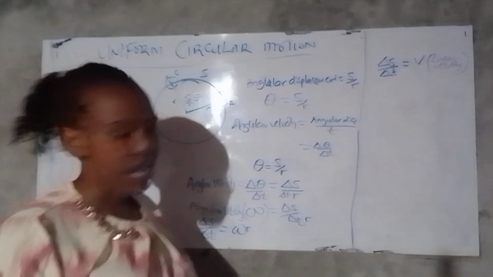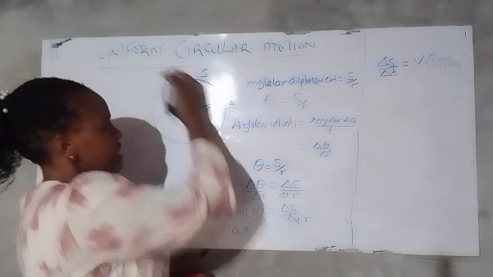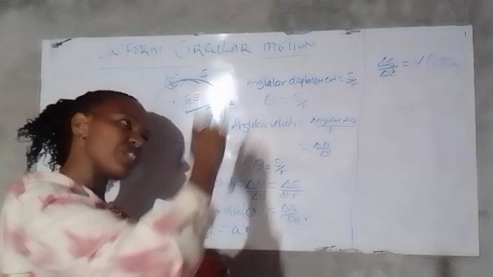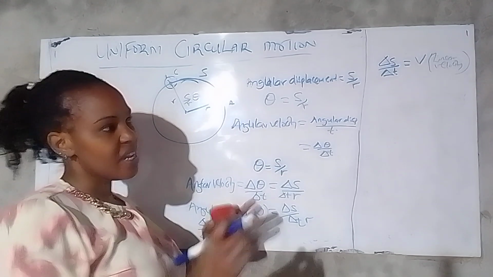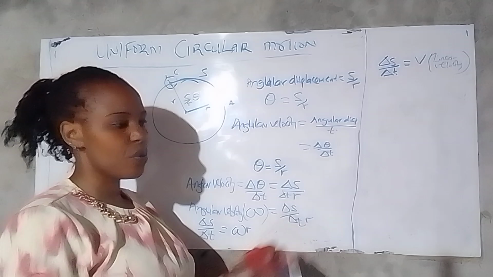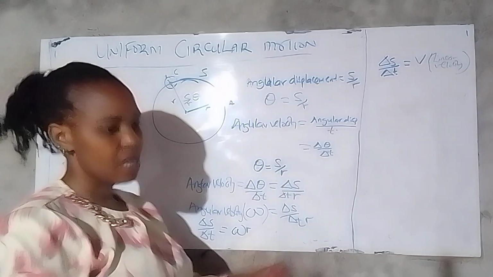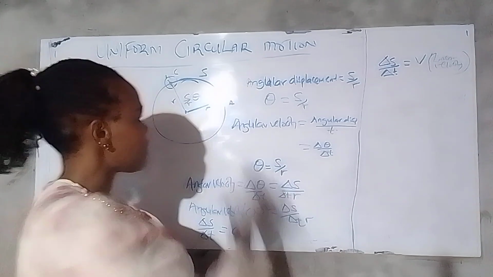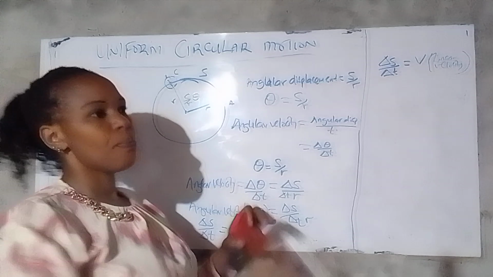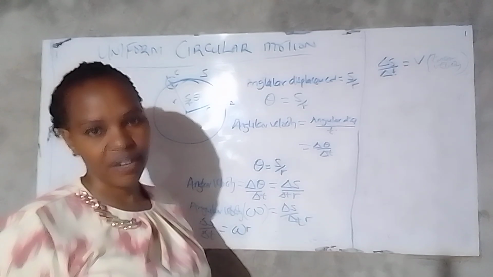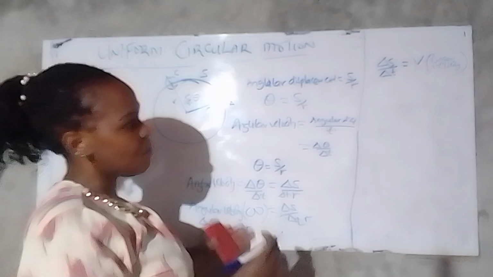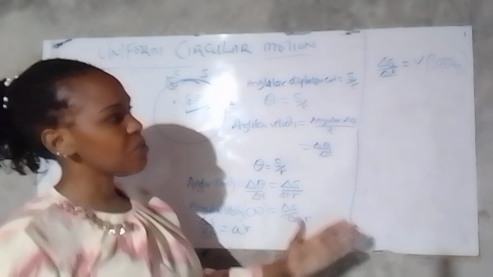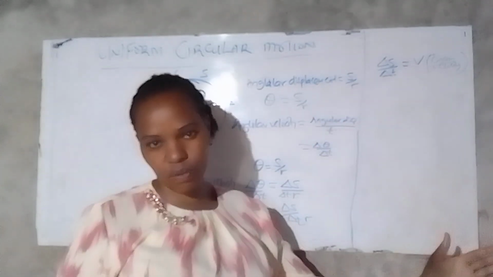And I've explained why. Here we are dealing with change in the arc length. And an arc length is something measurable. You can cut that piece and measure on a meter rule. If you cut the whole of it, you get 2 pi times r meters. You get it in meters. Then over delta T. So whatever you get will be in meters per second.